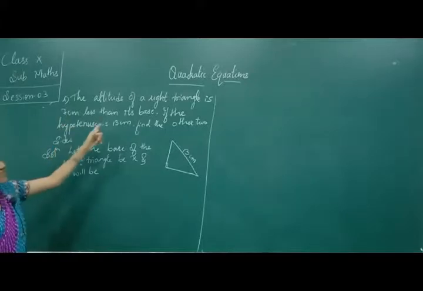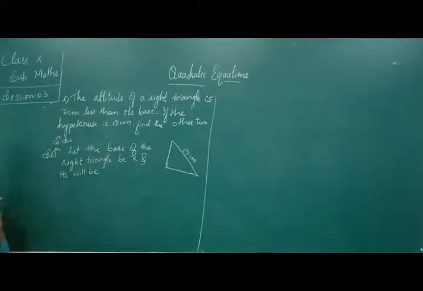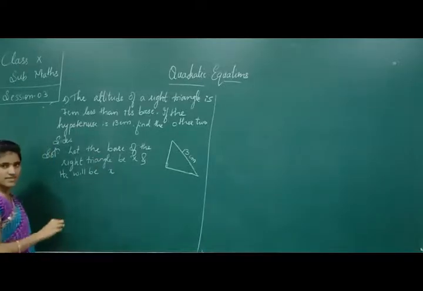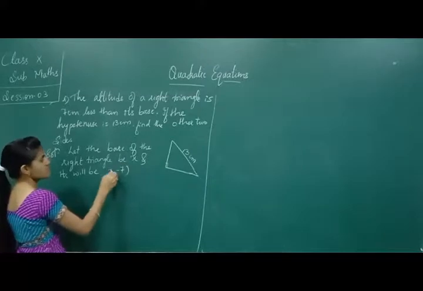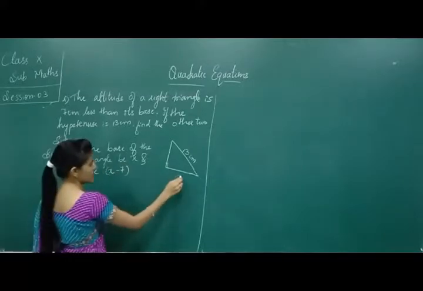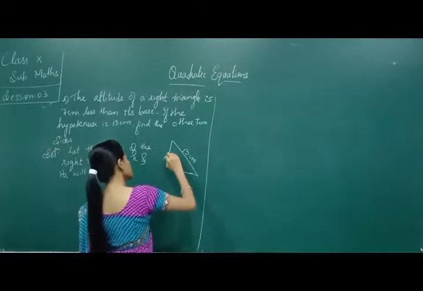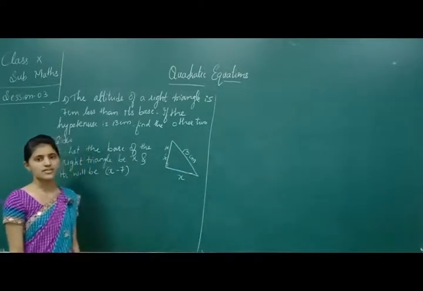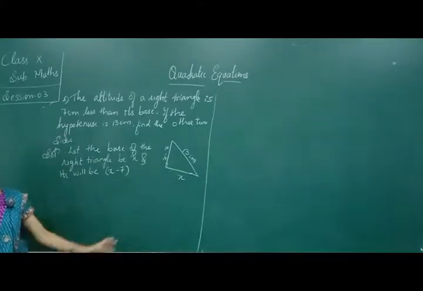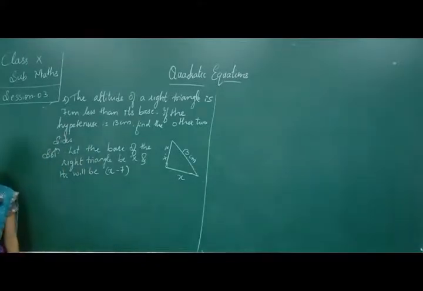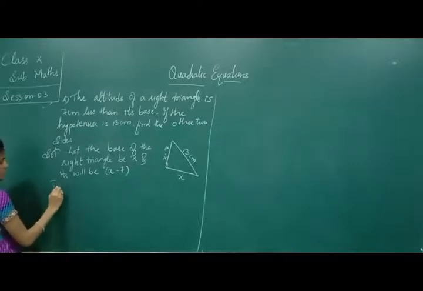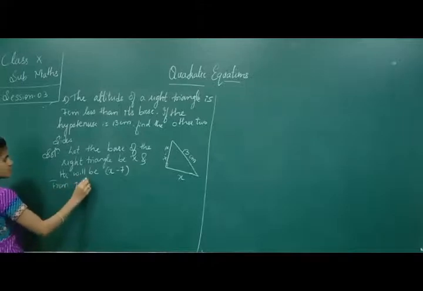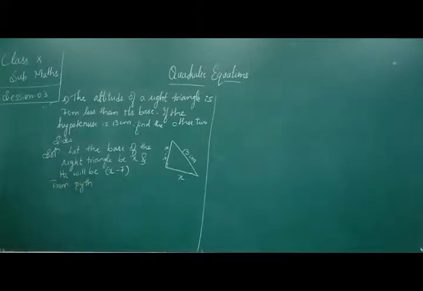It is 7 centimeter less than its base. 7 centimeter less than its base means whatever the base is, we need to subtract 7 from it. That is, if base is x, altitude is going to be x minus 7. We need to find these two sides of a triangle. We all know this Pythagoras theorem, right? What does that Pythagoras theorem state? From Pythagoras theorem, what does that state?